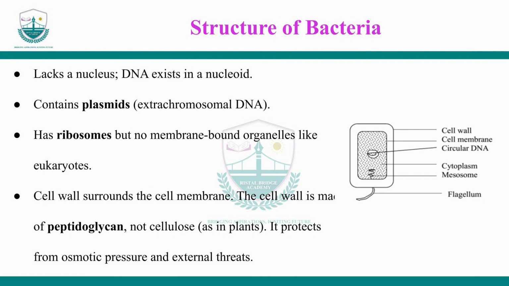So the DNA is not found within a nucleus because there is no nucleus. Okay, so what we have is that the DNA exists in an area in the cytoplasm that we call the nucleoid. Okay, so this region is usually darker than the other parts of the cytoplasm.